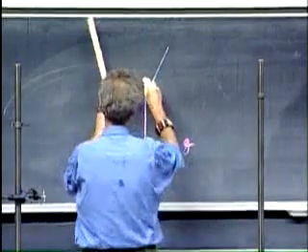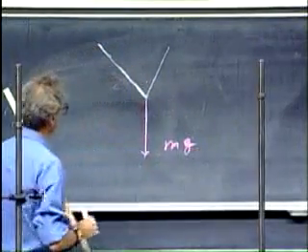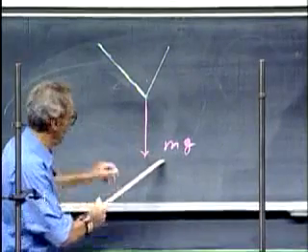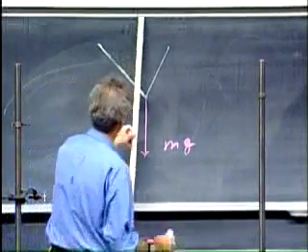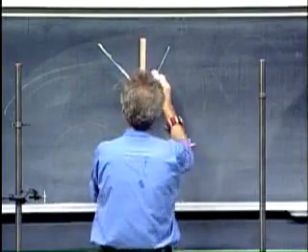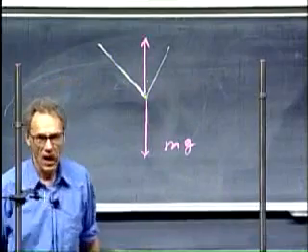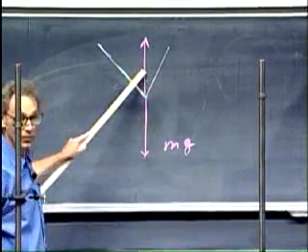This angle is 30 degrees here, and this angle 45 degrees. If these two forces must cancel out this one, why don't I flip this one over? Here it comes. I flip it over. There it is. T1 and T2 now together must add up to this one.